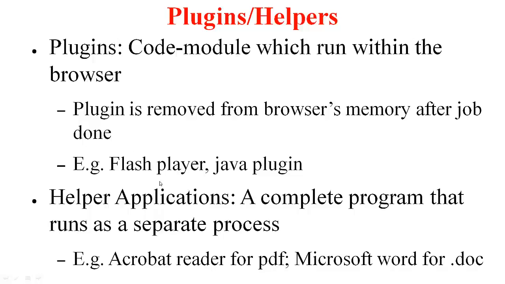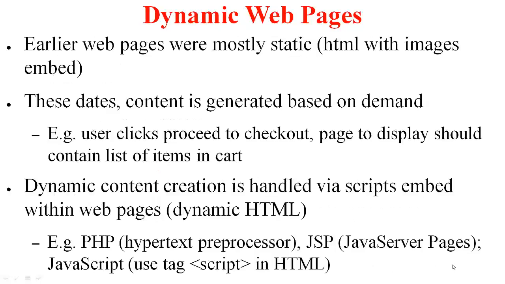An example of a plugin is a Flash player or a Java plugin. Sometimes a browser may also employ helper applications, which are basically separate programs that run as a separate process independent of the browser. For example, if you want to display PDF, you can pull up Acrobat Reader, or if you want to display .doc, you can pull up Microsoft Word.